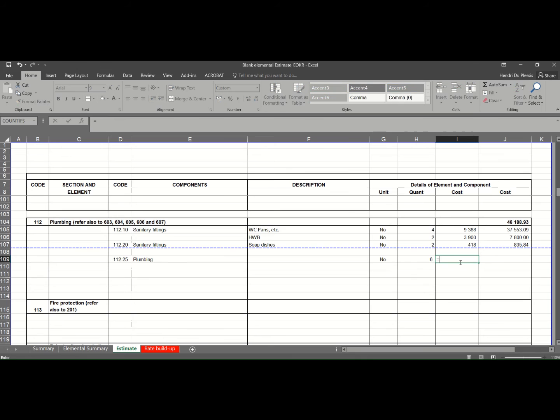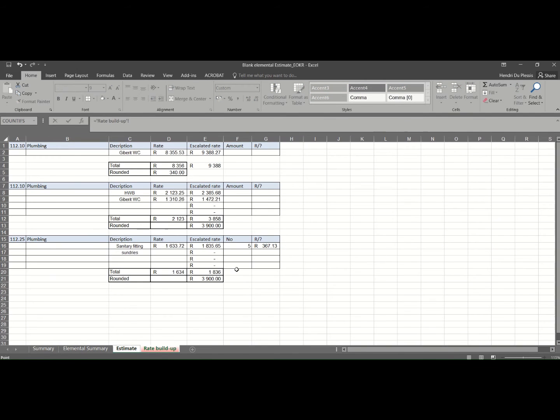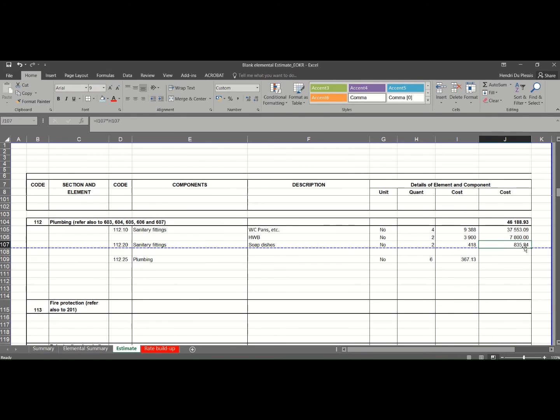Okay, and then we take this rate that we build up here, okay, and we put it in here.